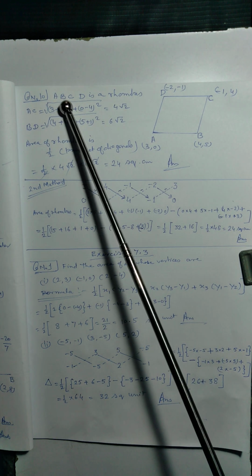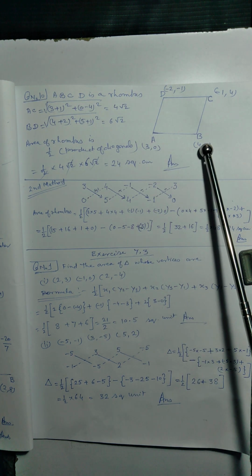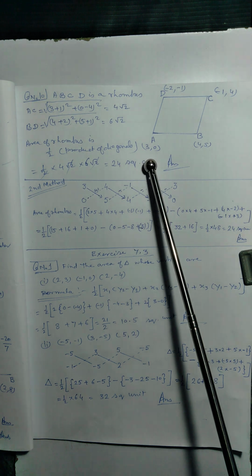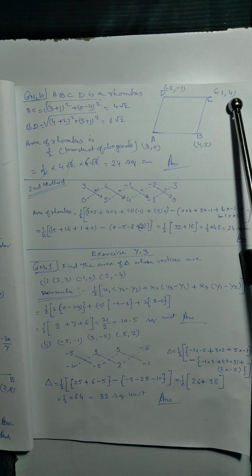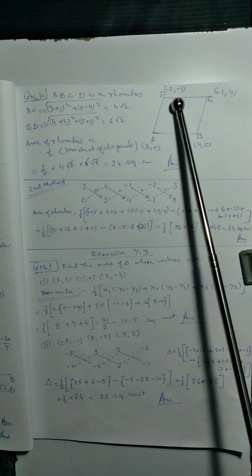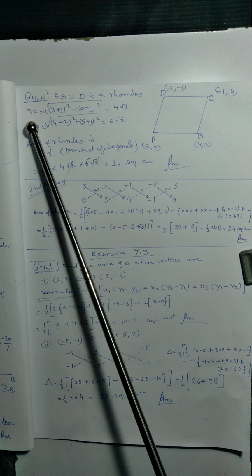You see, ABCD is a rhombus, and the coordinates are written here. The coordinate of A is (3, 0), B is (4, 5), C is (-1, 4), and D is (-2, -1).